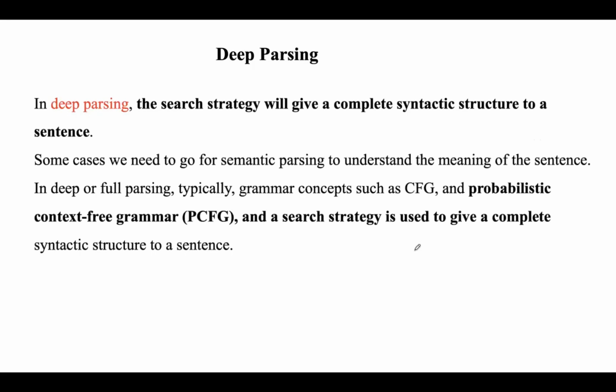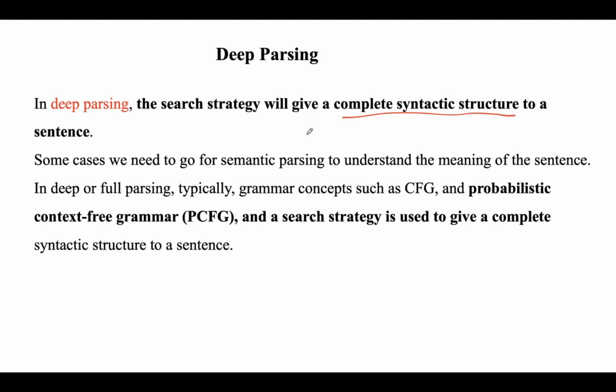So the strategy used in deep parsing is that it gives the complete syntactic structure of a sentence. In some cases we need to go for semantic parsing in order to understand the complete meaning of a sentence. Mainly, deep parsing is required if the application is quite complex.